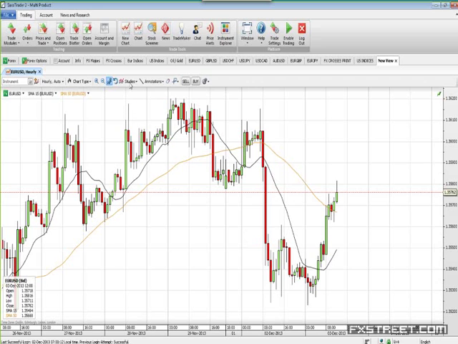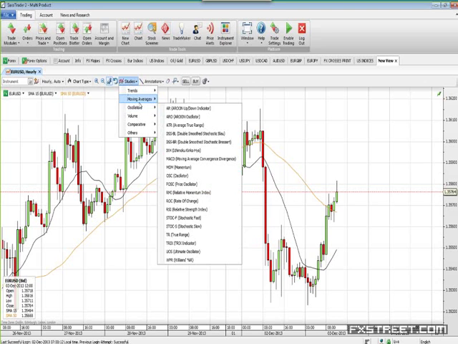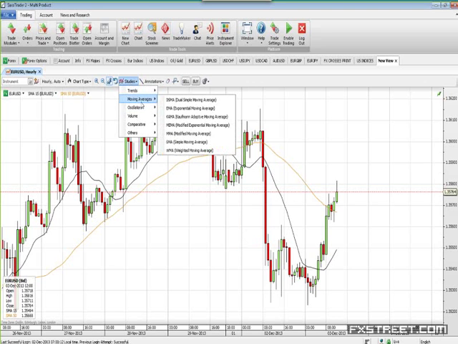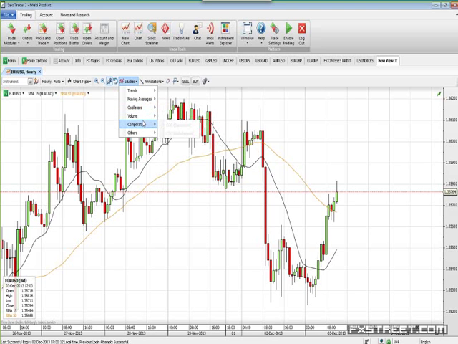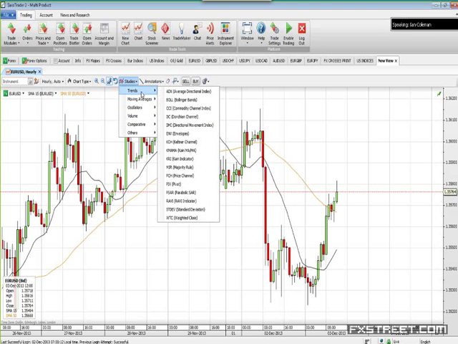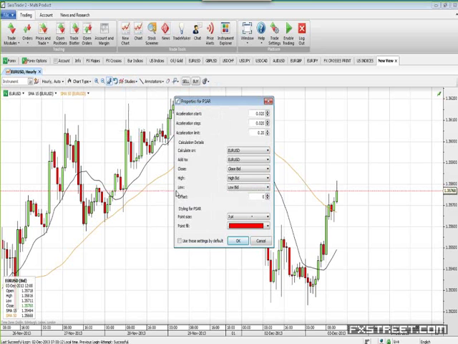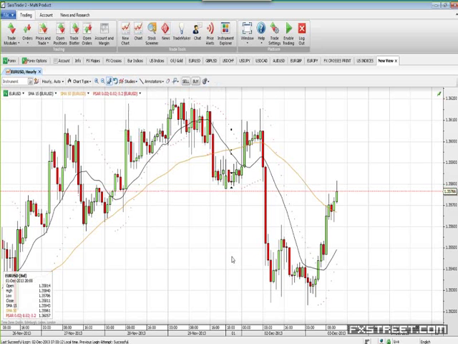Then what we'll put on, and this is really for the short time frames, is the Parabolic SAR. Parabolic SAR really helps us out again in the short time frames to define stops.